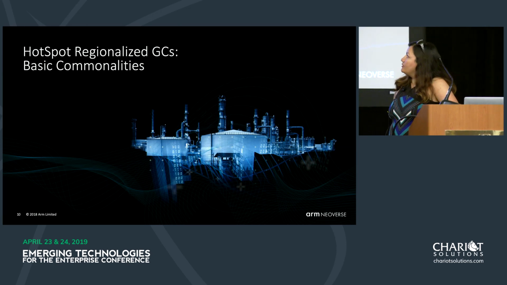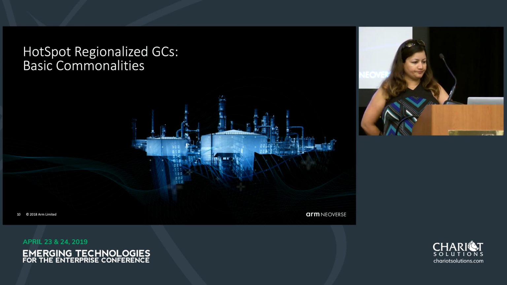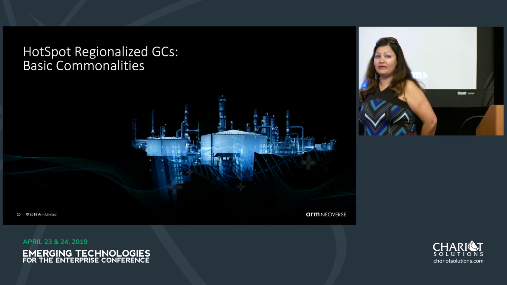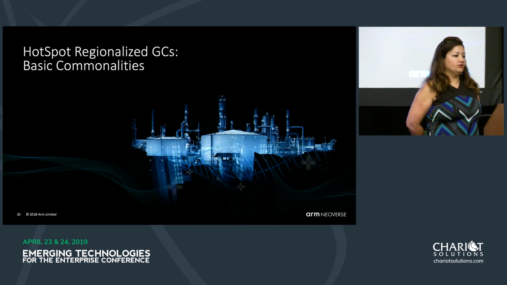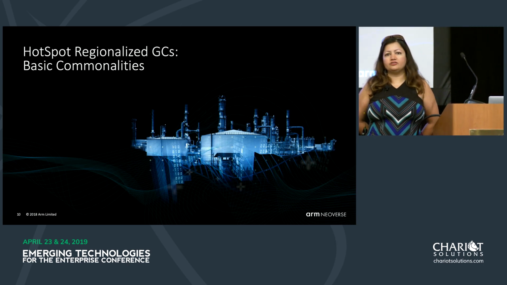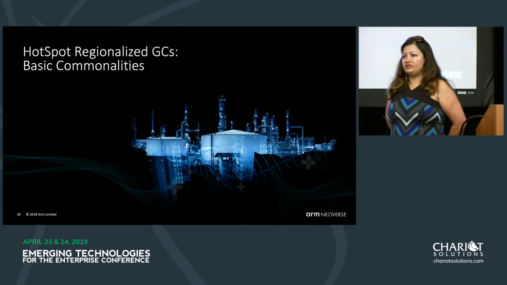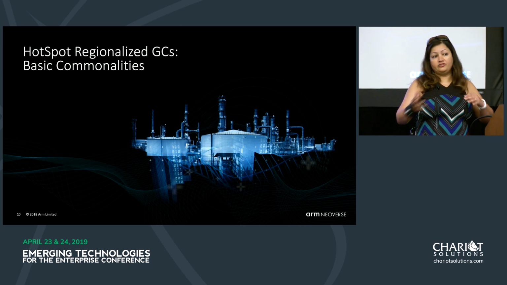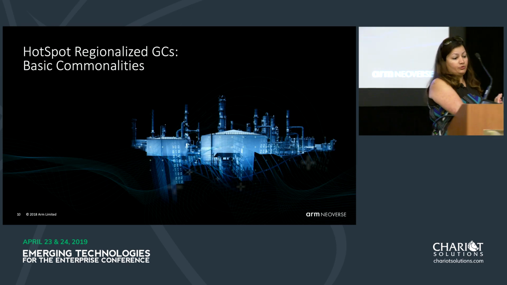So let's talk a little bit more about certain common features. The next concept I want to introduce is compaction. Because G1 GC does compaction, and so do ZGC and Shenandoah, but they do it in a concurrent way, and G1 GC does it stop the world.